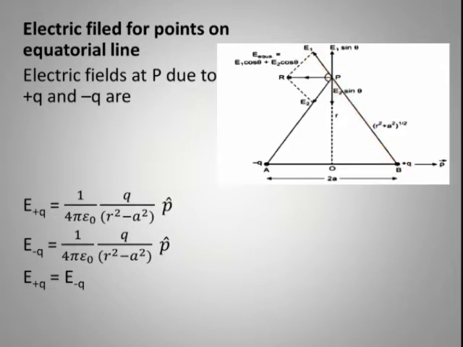If I consider the E2 electric field, E2 is in this direction. As this is another electric field, it also would be split into two components, one downward and one along the horizontal side, and this horizontal component is again cos theta. And what about the vertical line?